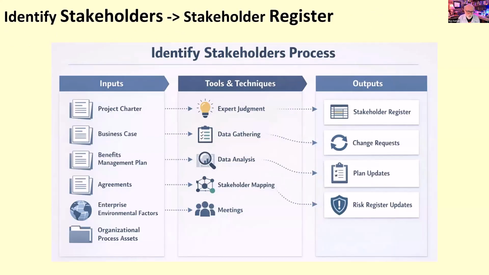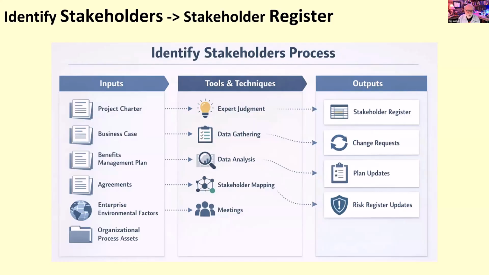And so this is the identify stakeholders process. And this shows the inputs, tools, and techniques of this process. And you notice that it lives in initiating. That means the stakeholder work begins before we do any detailed planning.